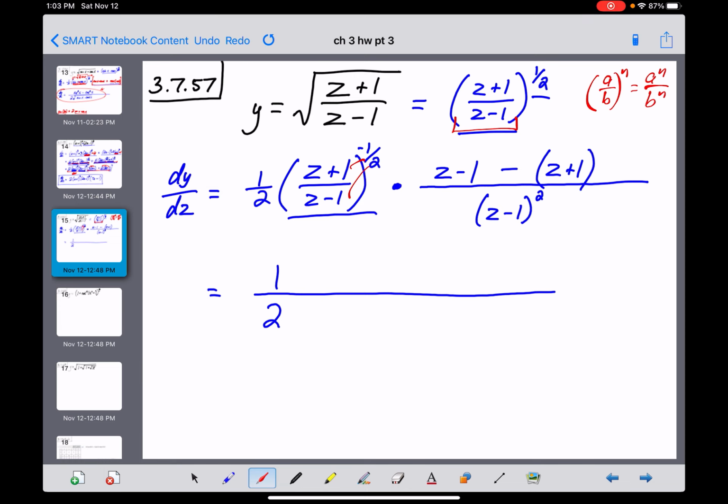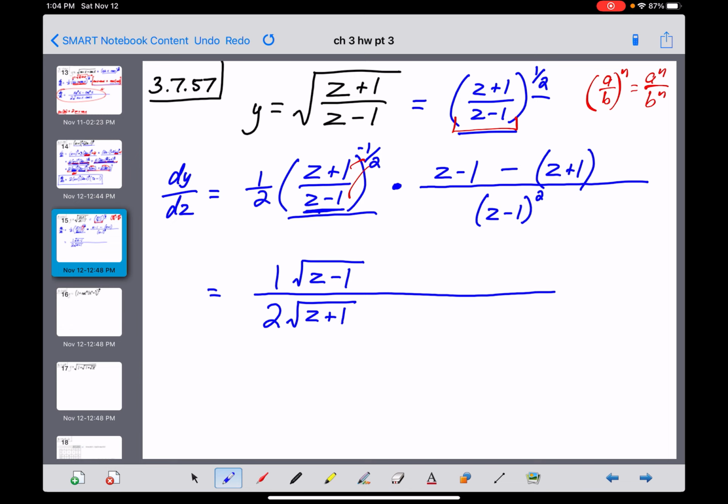That is going to be a z plus 1 by itself to the negative 1/2 power, which means I'm going to make it a square root of z plus 1 on the bottom of that fraction. And then the denominator, z minus 1, now becomes z minus 1 to the negative 1/2 power in the denominator. The negative power moves it up to the numerator, and that's now the square root of z minus 1 right there. All right, that was kind of a weird one.